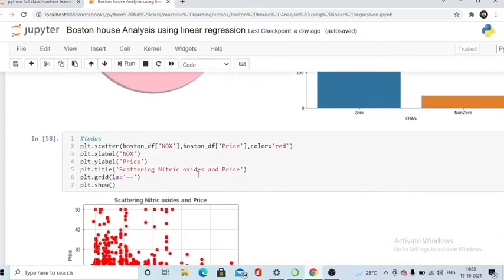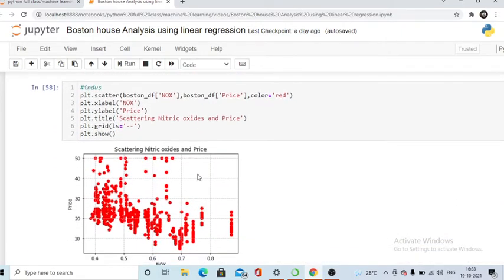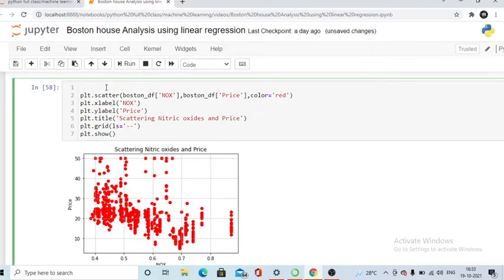Now come to the next part, that is the INDUS. Actually I just simply copied this part right here, and it is my NOx. Okay, so the NOx feature stands for nitric oxide. Suppose you are going to buy a house in some place and there is too much pollution there. With respect to the pollution, the price of the house will also decrease, right?